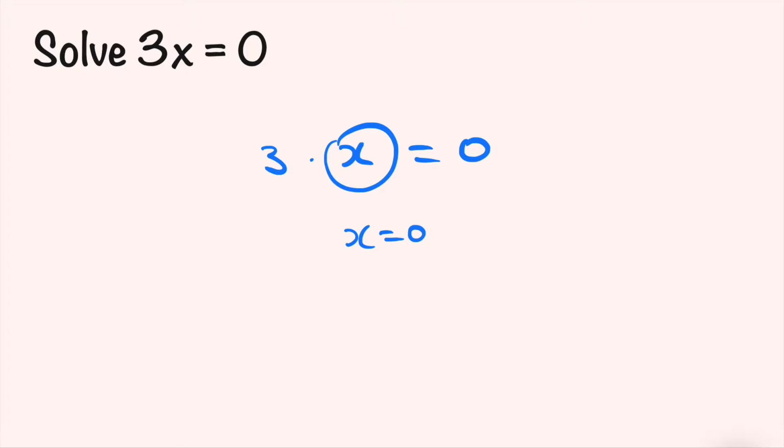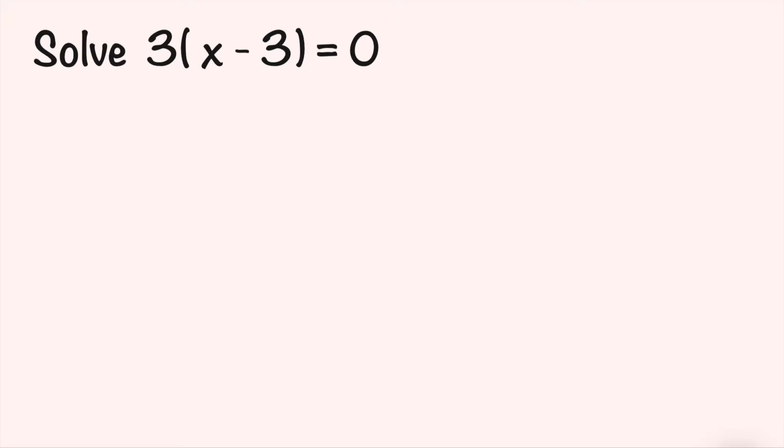When two numbers are being multiplied, at least one of them needs to be 0 in order for their product to be 0. Solve 3 times x minus 3 is equal to 0. This time, 3 is being multiplied by x minus 3, and that has to be equal to 0.